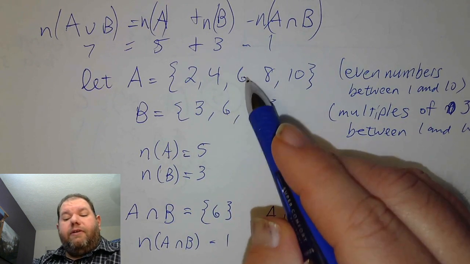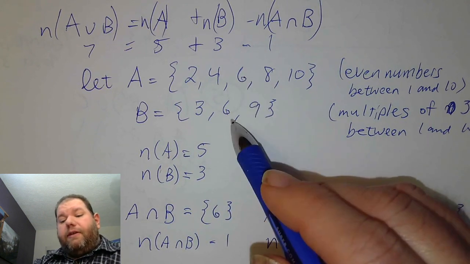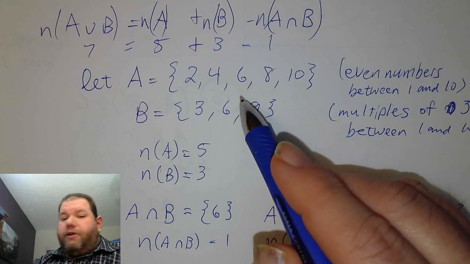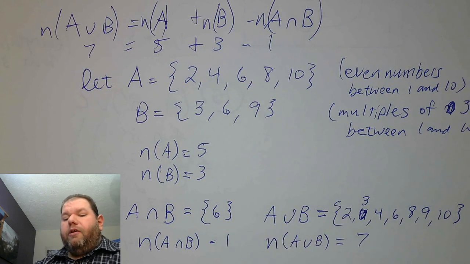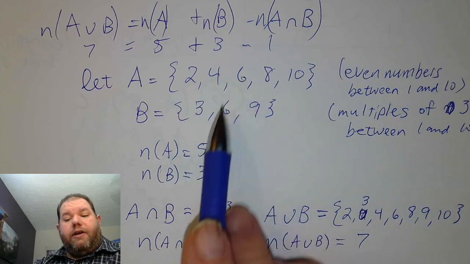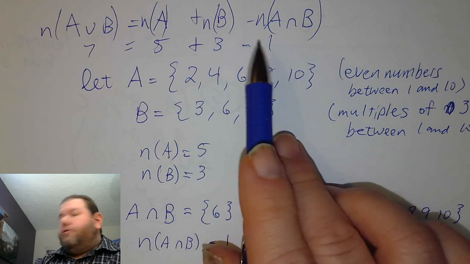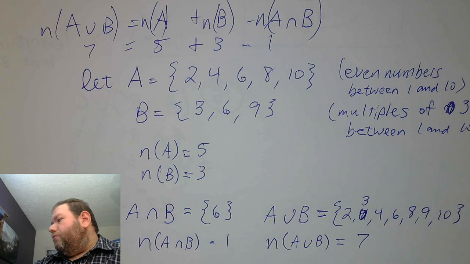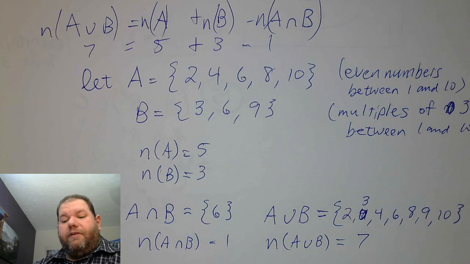Because the 6 occurs in both of these sets, we don't want to count the 6 twice. So by adding 5 and 3, we've counted the 6 two times. I just made this up, Mary, so I apologize. It's not out of the book.